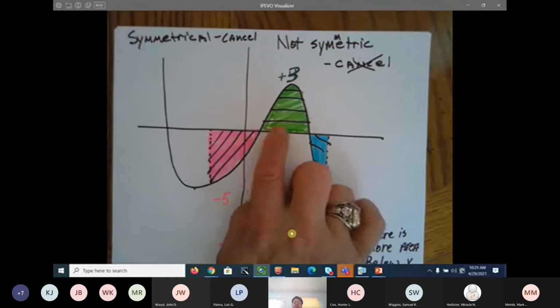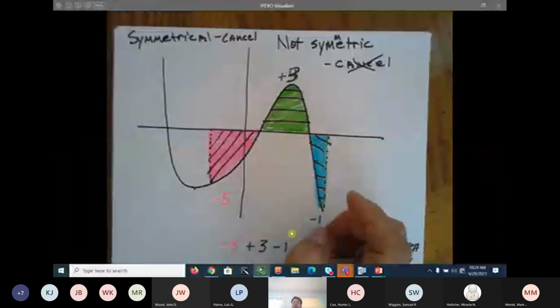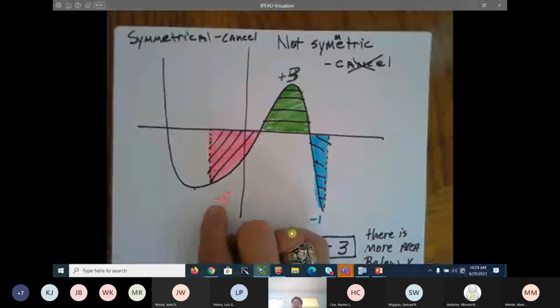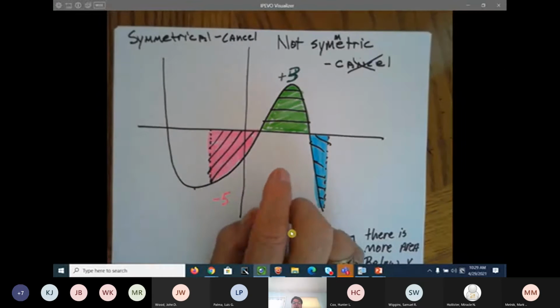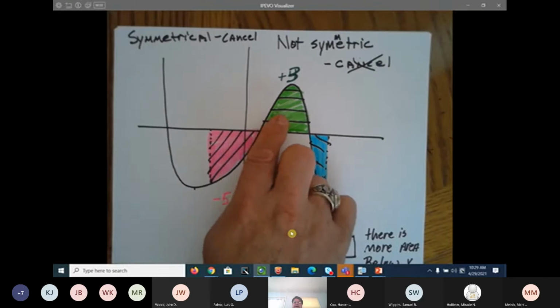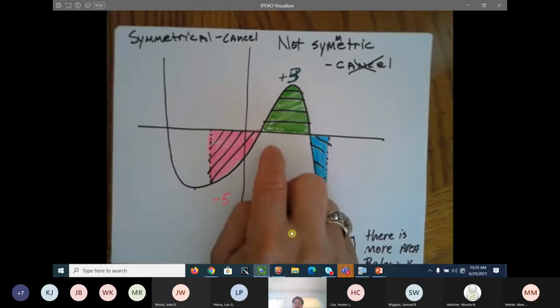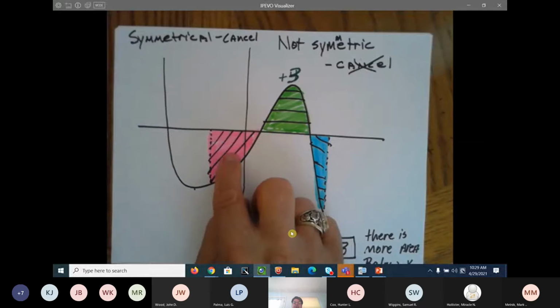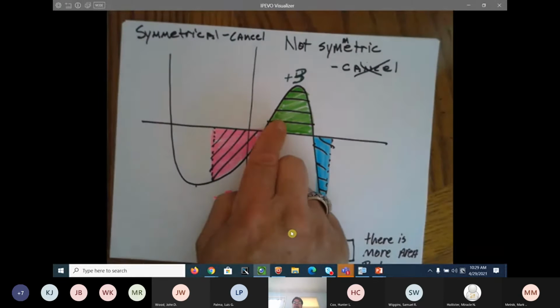So the area of the pink region and the green region is 8 square units. But the negative tells you that the 5 units is below the x-axis. So the gross area would be 8. The net would be -2. So there's more area in the pink than there is in the green.